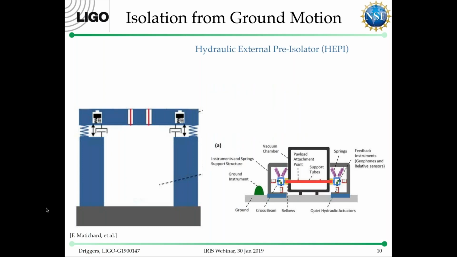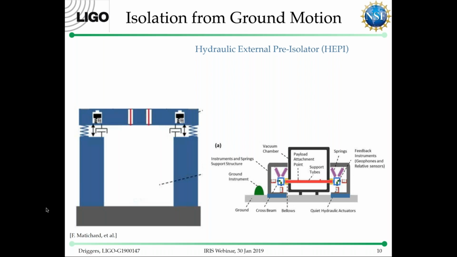So if we zoom in a little bit to talk about the hydraulic pre-isolation system, it is on the one hand a sophisticated, on the other hand a simple system. It's got springs in purple to hold it up. And then the most important part is these feedback instruments, the geophones, as well as relative sensors to tell us where the hydraulic isolator is relative to the ground motion.